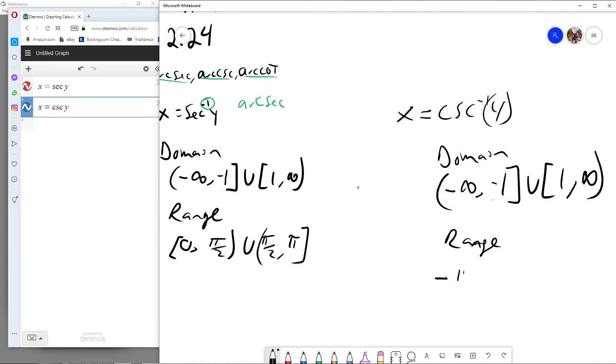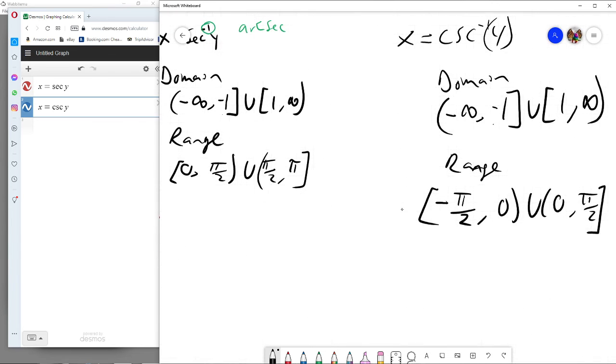So we're going to restrict the range from -pi/2 to 0, union with 0 to pi/2. The reason is that cosecant of 0 is the same thing as 1 over sine of 0, which is 1 over 0. So that's why we have to exclude the 0 from the range of arccosecant.